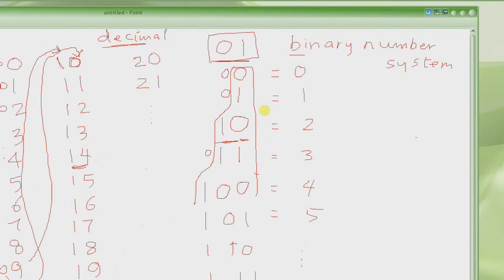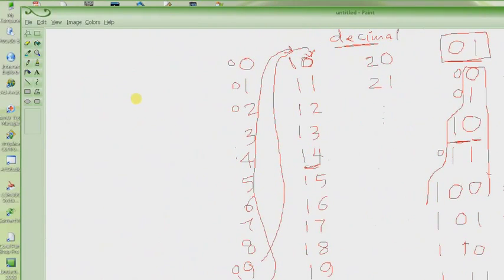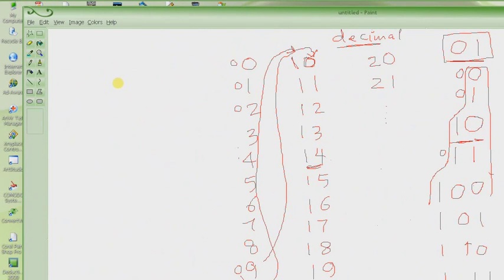So here's the thing. Let's see something else. If I have 4 decimal places, in other words, I can put 4 decimal digits here from 0 to 9. What's the smallest number that I can write here? It's 0 0 0 0, which is basically 0.